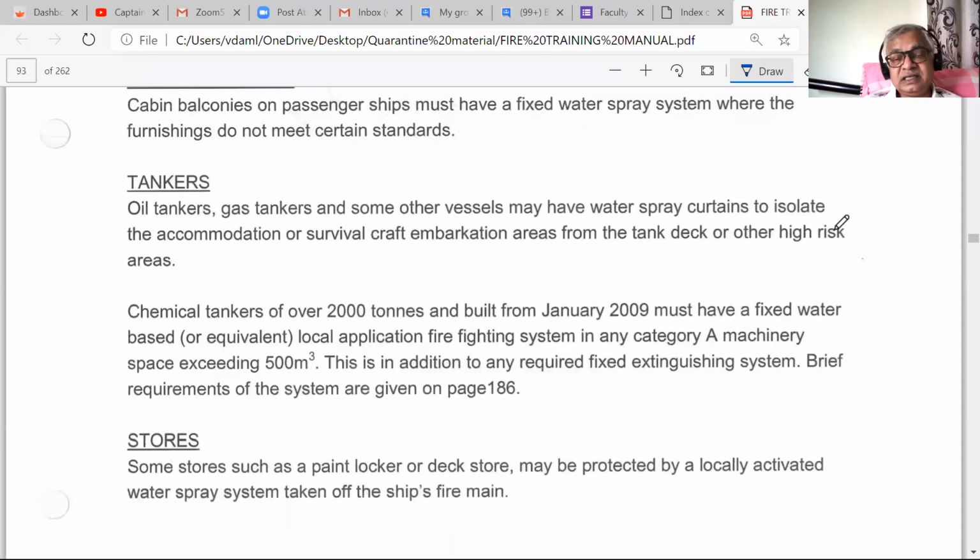Means in case there is a fire on cargo tanks anywhere on deck, your accommodation is protected by a water spray curtain. So it will be spraying water from the top point, and it is like you are on one side of the water spray and the fire is on the other side.